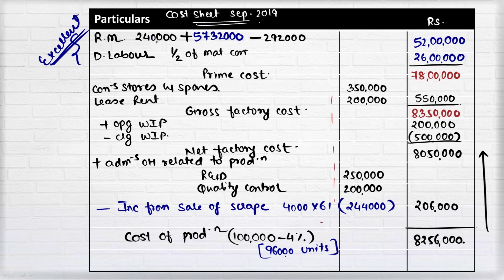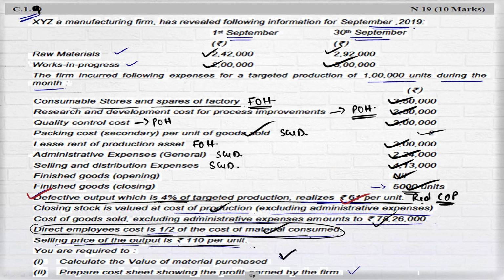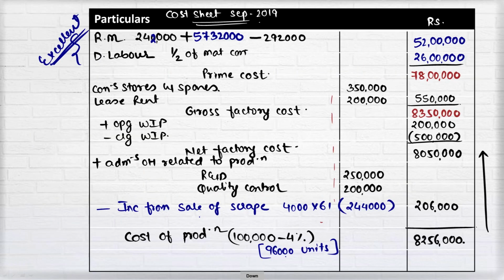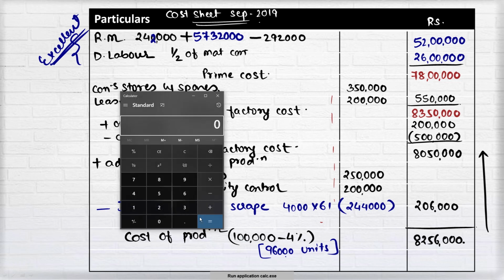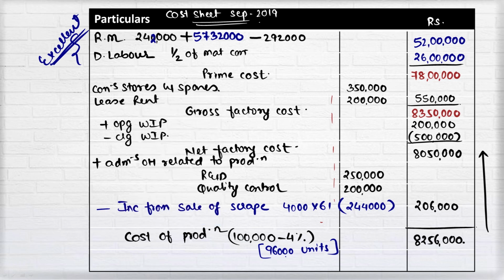Raw material is 2,42,000. Here there is a mistake. This is 2,42,000. 242, 292. So 52 lakhs plus 2,92,000 minus 2,42,000 is 52,50,000.